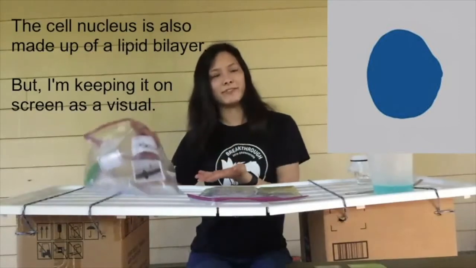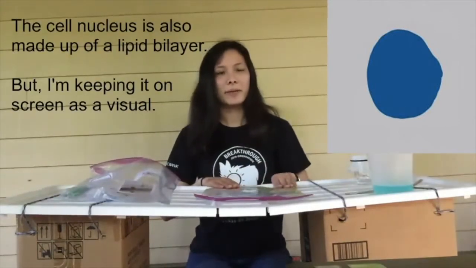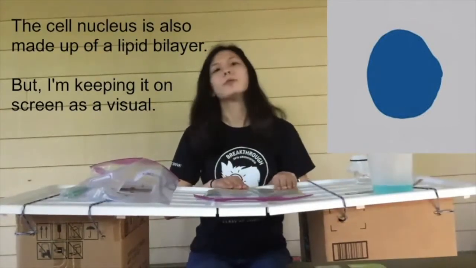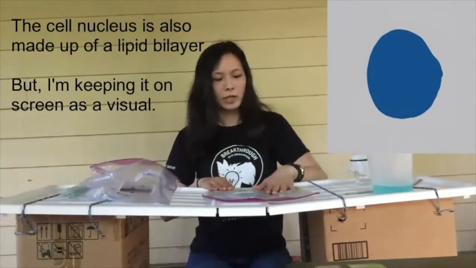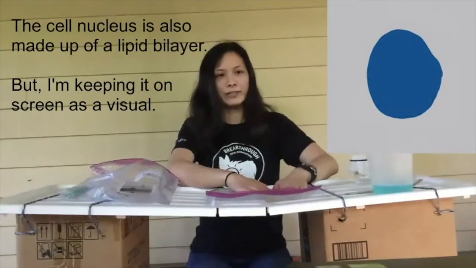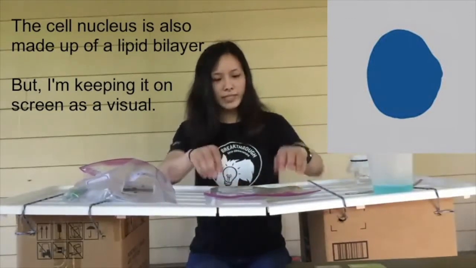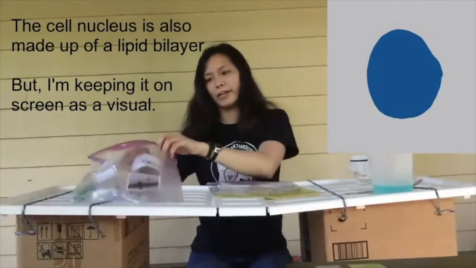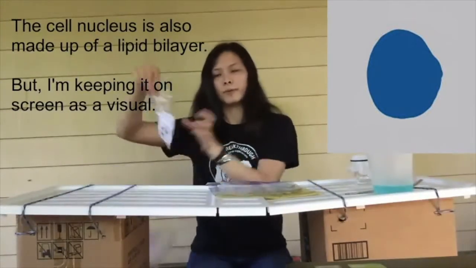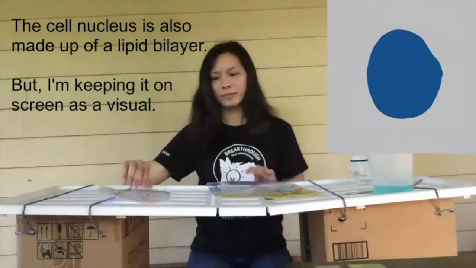Lipid, of course, means fat. And as you've probably noticed, whenever you have used butter or oil, soap helps a lot in breaking down that oil and fat. It does the same purpose within these bananas, breaking down all the cell membranes until we're left with our cell nucleus.